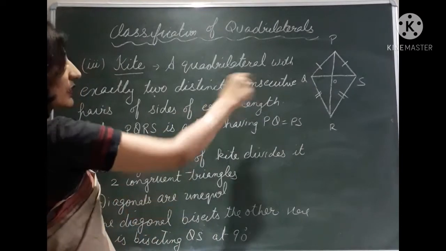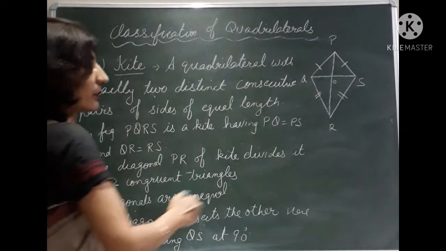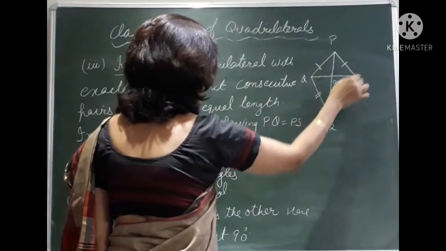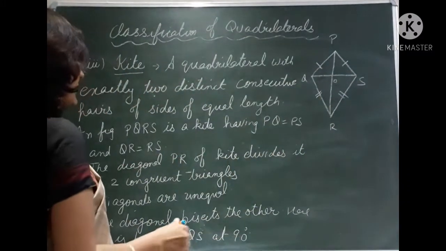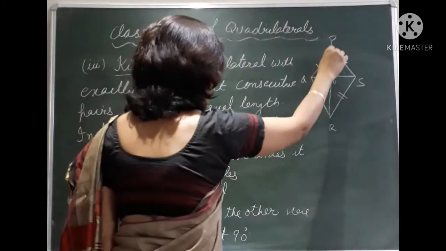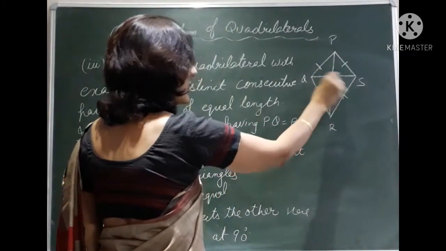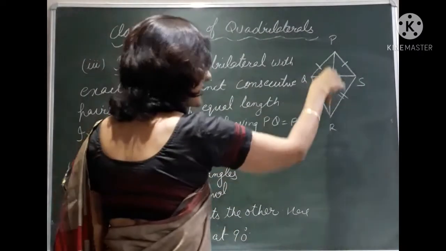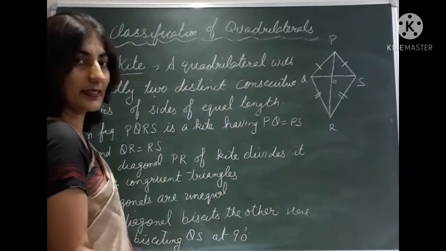Now here in this figure, PQRS is a kite in which PQ is equal to PS and QR equals RS. Then the next point is the diagonal PR. This diagonal PR will bisect, meaning divide, the kite into two congruent triangles.